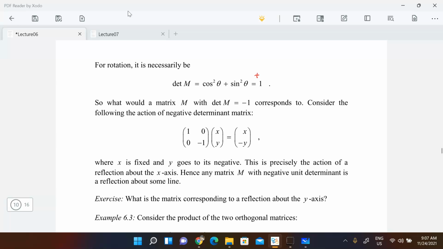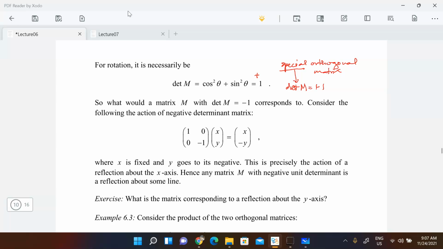Because of this condition, that the rotation matrix must have positive unit determinant, we call this a special orthogonal matrix. Special refers to the fact that your determinant is +1.